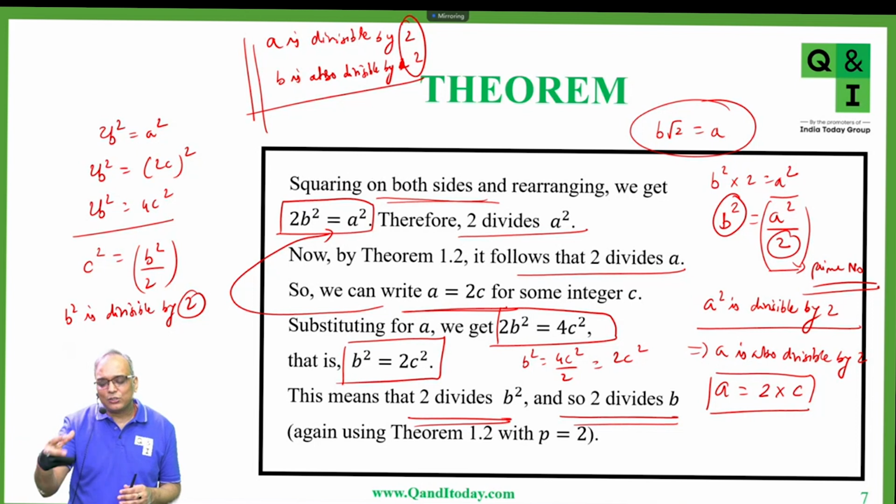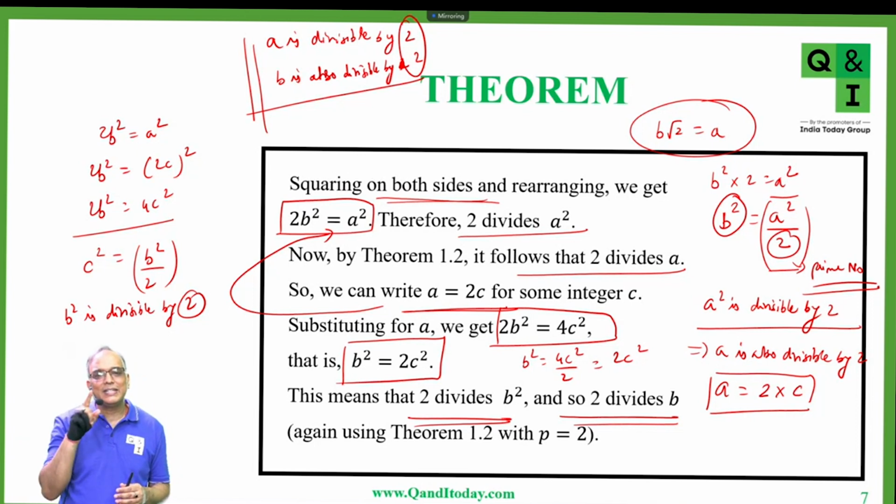Now if a square by 2 is an integer, that means a square is divisible by 2, then only it can be an integer. Now if a square is divisible by 2, 2 being a prime number, we saw theorem 1.2, which says that if a square is divisible by a prime number p, then a will also be divisible by p.